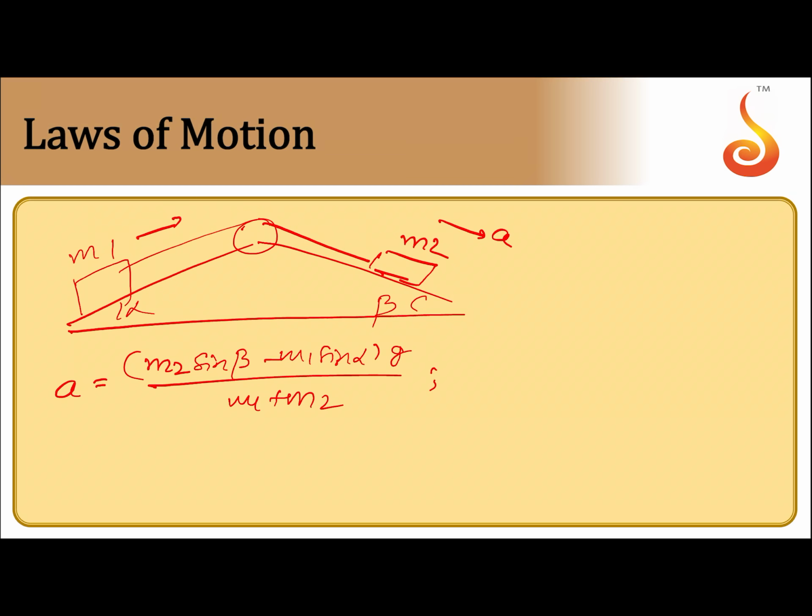And the tension in the string is M1 M2 divided by (M1 plus M2) into G (sine alpha plus sine beta).